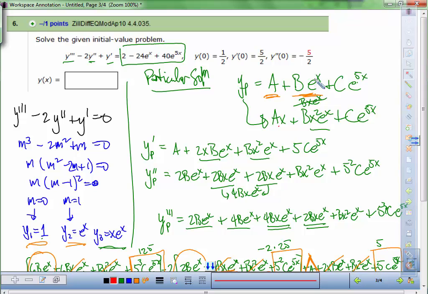But the b e to the x became a bx e to the x, which again is an issue. And so we throw in another factor of x to make sure that none of your fundamental solutions is linearly dependent with any of the portions of your right-hand side. So that's the big lesson there.